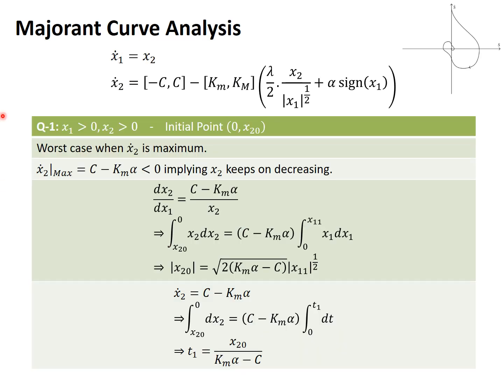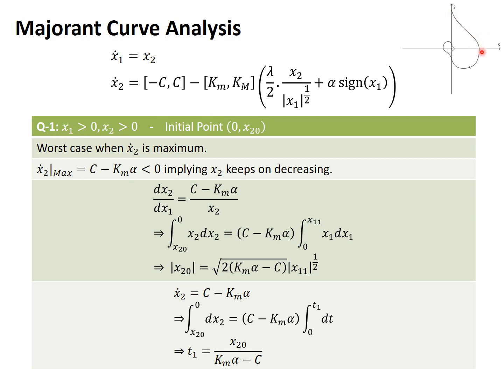So, the Majorant curve analysis is starting now. The system is again written at the top, as you can see here, and we will refer to this to do the analysis. The first point is here; we are choosing the first point here and seeing where this point will go.